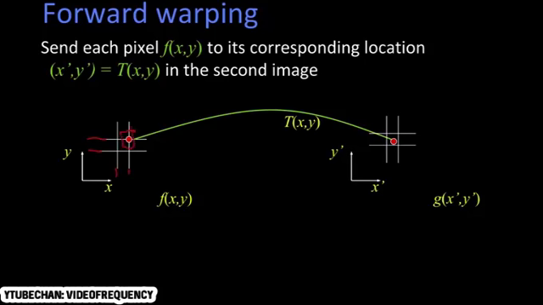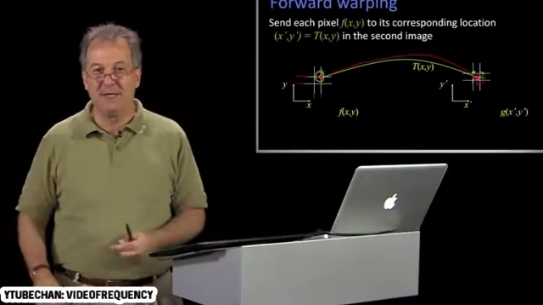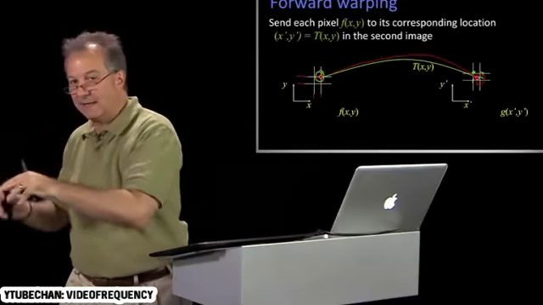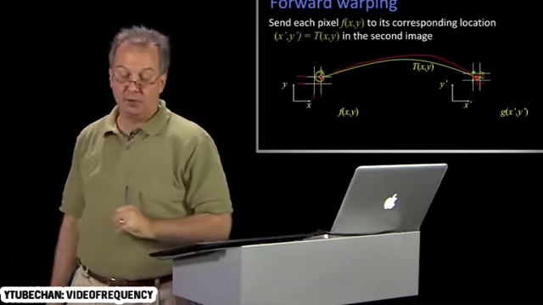If I have a pixel here, and I map it across, I may land somewhere between pixels, okay? Somehow I have to take the color that came from this location, and I have to distribute it among all the pixels that are around where I landed. In graphics, that's known as splatting. That's the technical term. I guess the idea is if you threw some paint down there and all the paint had to drain out to its neighbors, where would that paint all land?